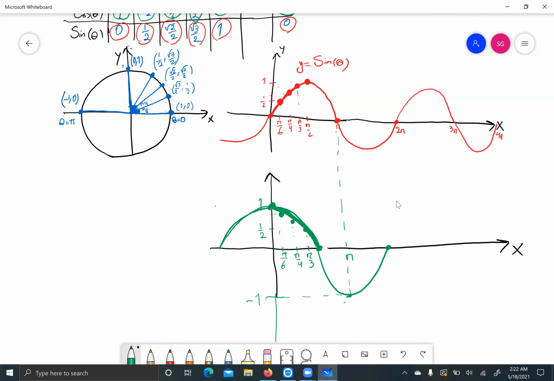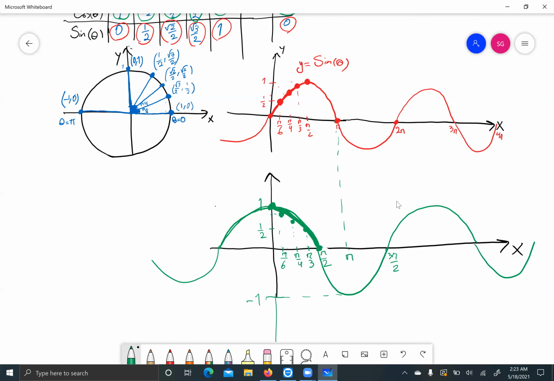And then here is 2 pi. Yeah, this is pi over 2. This is 3 pi over 2. And then like this and this, okay?